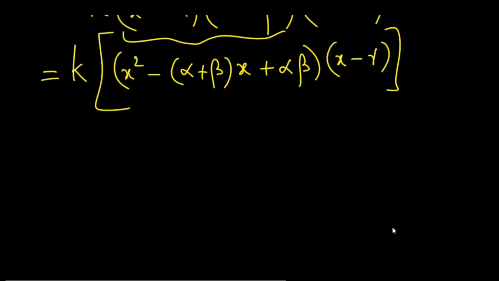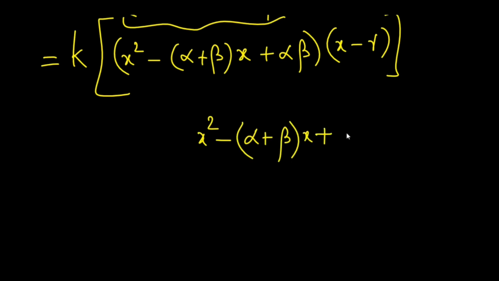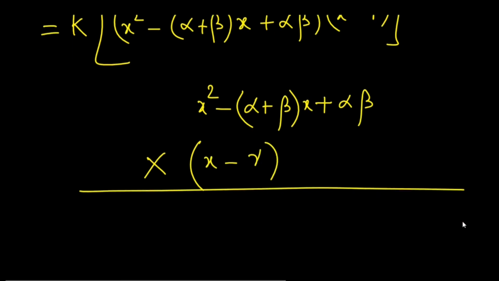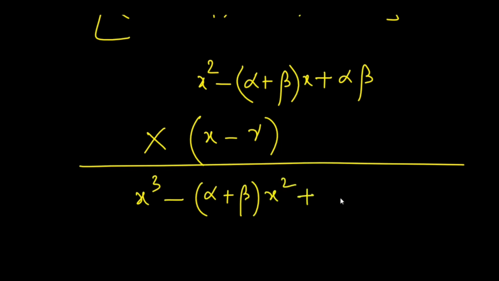Now let us multiply the quadratic polynomial we got here and the linear factor x minus gamma. X square minus alpha plus beta into x plus alpha beta, into x minus gamma. What do we get? Let us see. First let us multiply by x. We get x cube minus alpha plus beta x square plus alpha beta x.